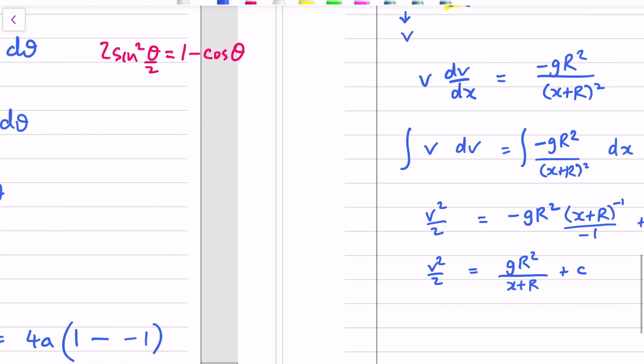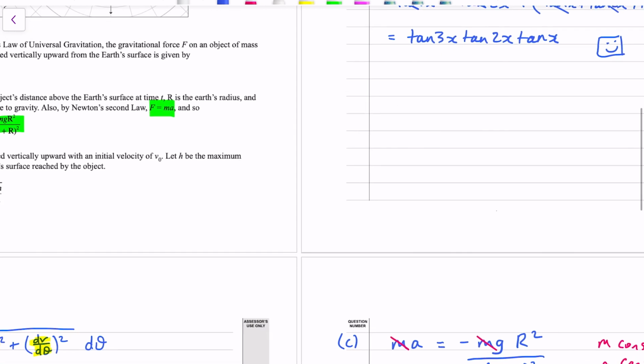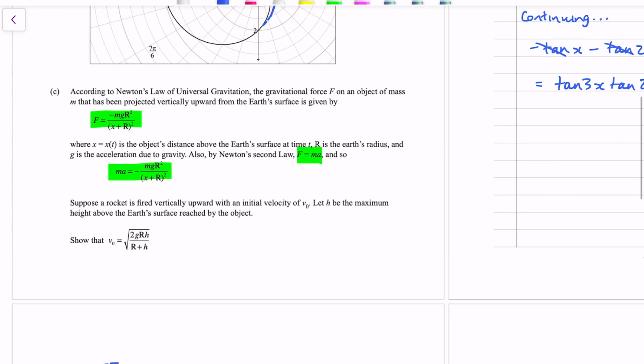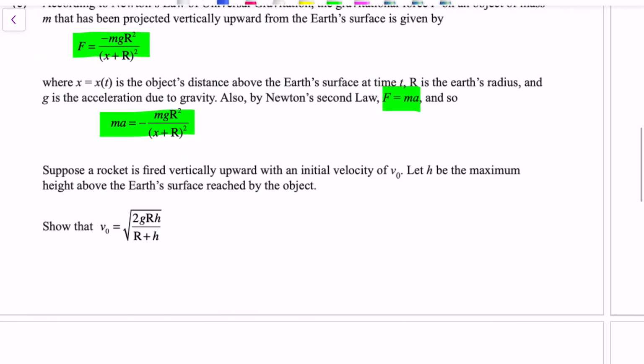Now we go back to the problem. We need some information to find that plus c. We know that the initial velocity is v0. And initial velocity for this question is when it's on the Earth's surface. So when x is equal to 0 at time equals 0, we have a v of v0. We don't need time equals 0 in this because our solution doesn't have any t in it.